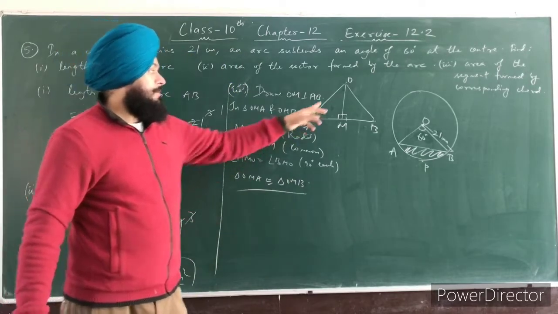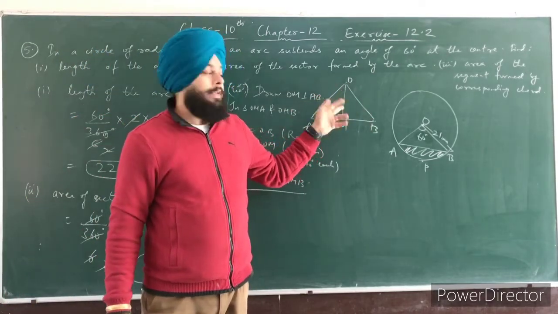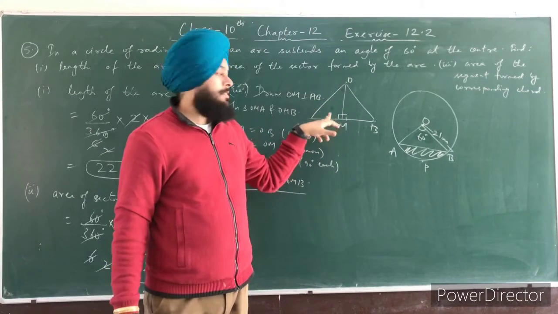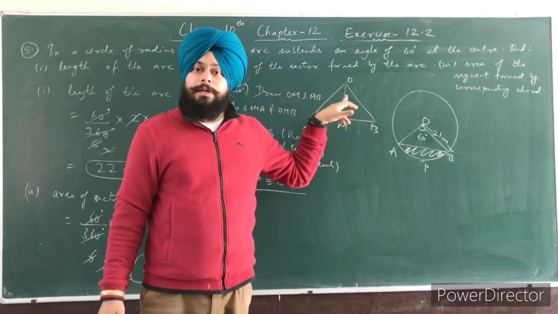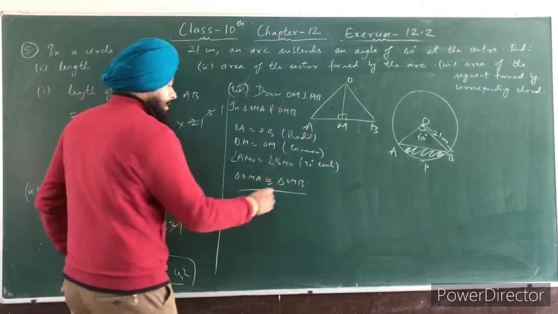Clear students? First OA is equal to OB, equal radius. OM is equal to OM, common side. Angle AMO is equal to angle BMO, 90 degrees each. So by RHS, the triangles are congruent.